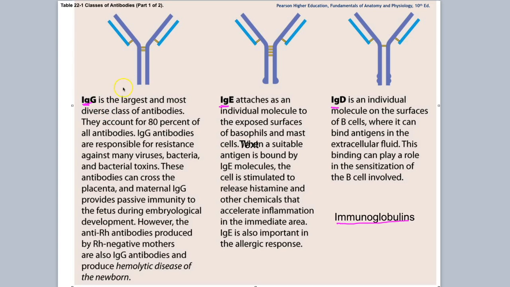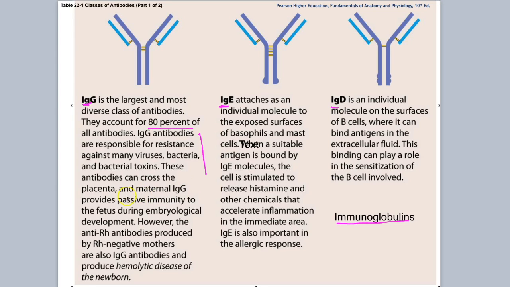So IgG, this is the largest class of antibodies we have in our body. This is the most abundant type of antibody we have. 80% of all antibodies are IgG. These are the ones that are responsible for resistance against lots of viruses and bacteria.